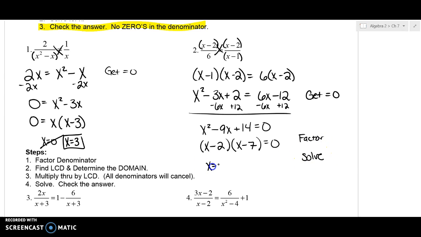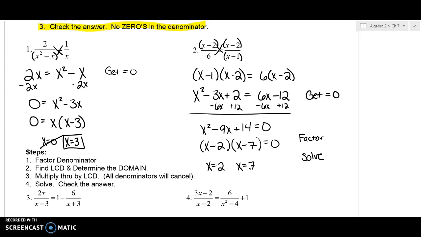Your solutions are 2 and 7. You're looking for the two numbers that would make each set of parentheses equal to 0. So 2 minus 2 would be 0. 7 minus 7 would be 0. So your solutions are 2 and 7. Check both of those solutions in the original problem.